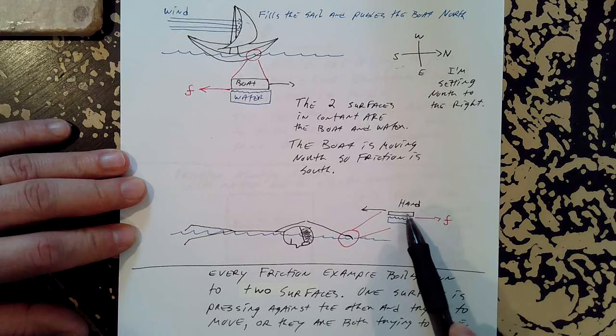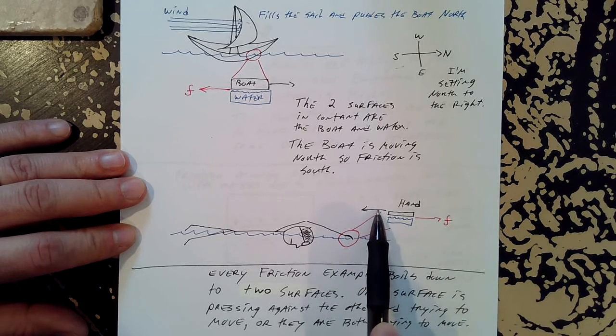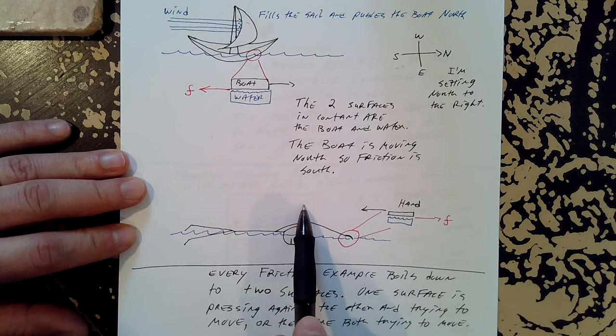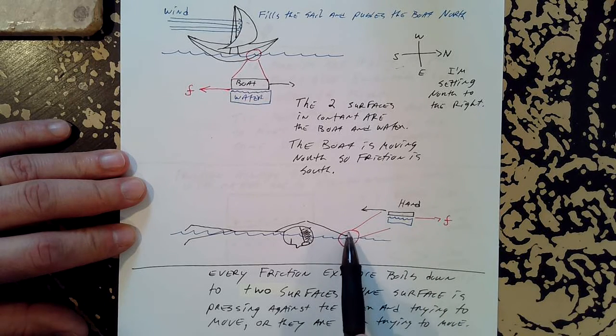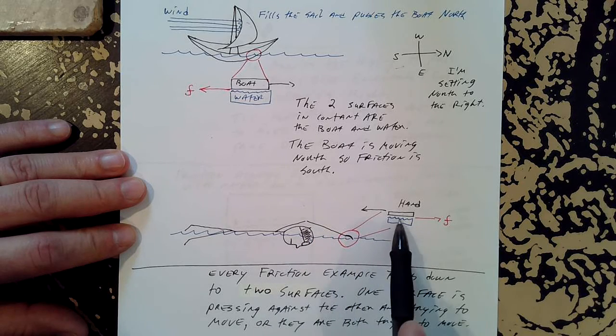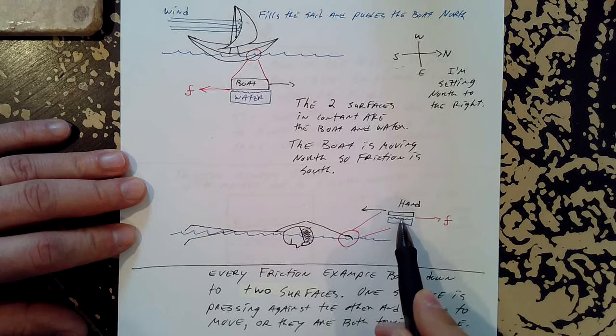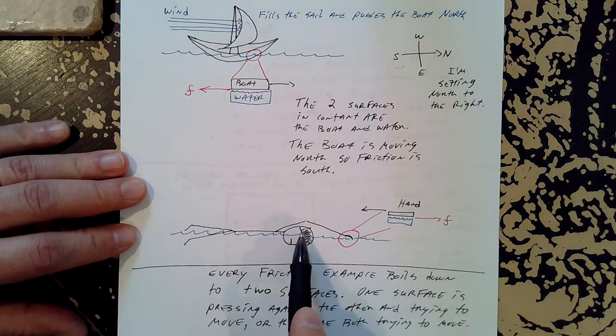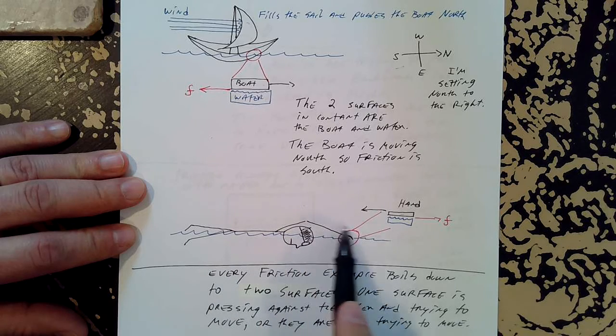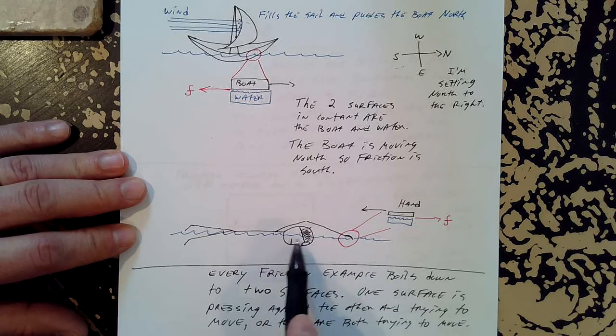So here, the hand is trying to go to the left, and the water is resisting the hand. In this case, the friction from the water is to the right, which is also the way the person's body wants to move when swimming.